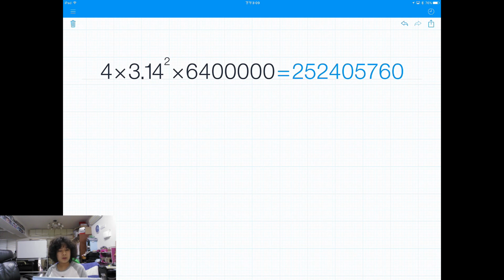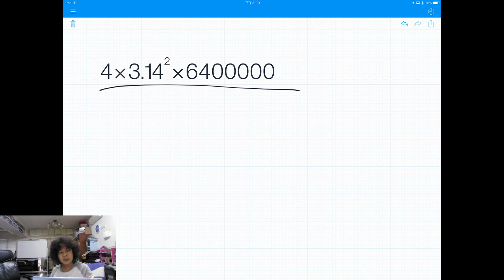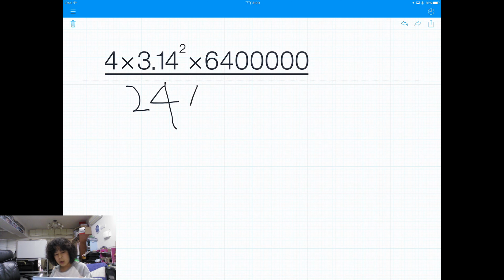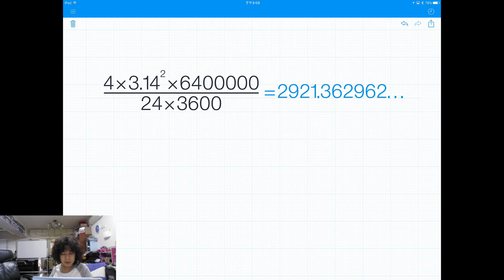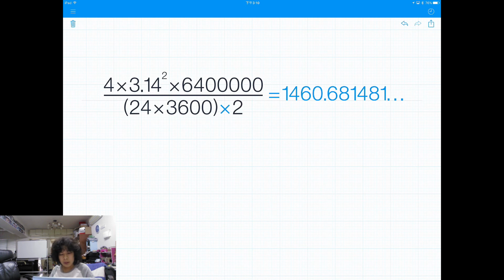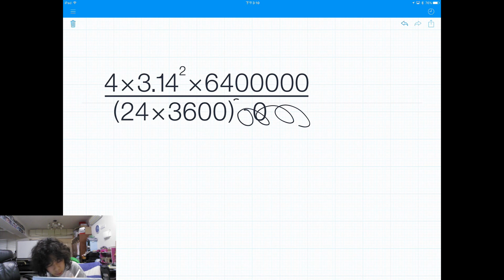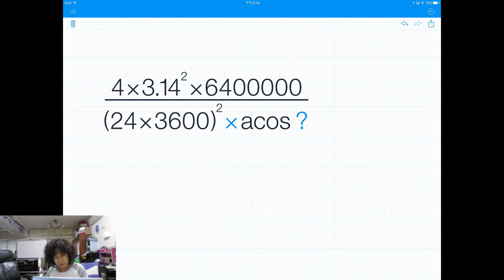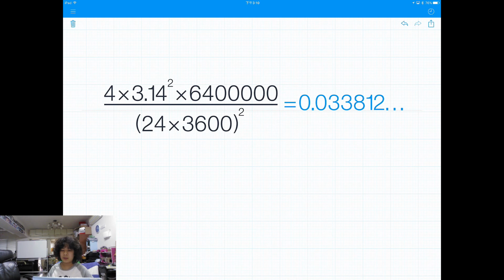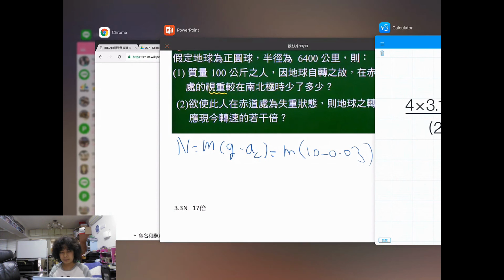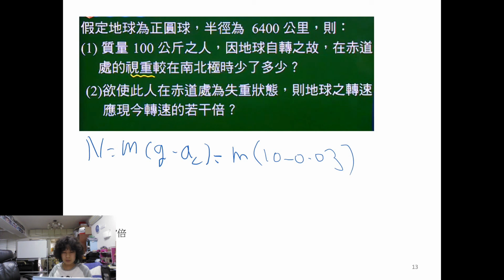And then divided by 1 day, which is 24 hours, 1 hour is 3,600 seconds. And you get this, and then 24 hours squared. So it's just about this. So now you can see something.